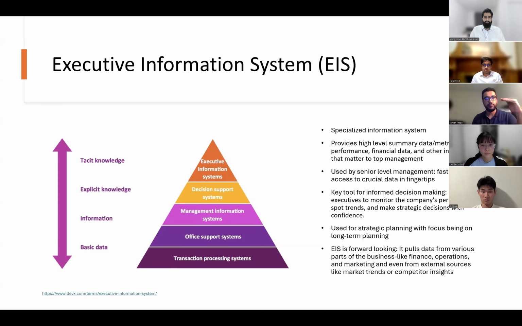As you move from below to the top, comes the office support system, which provides tools to day-to-day operations, then the management information system, which summarizes and reports key information. Then comes the decision support system, which Faraz explained in detail, which assists with complex decision making.